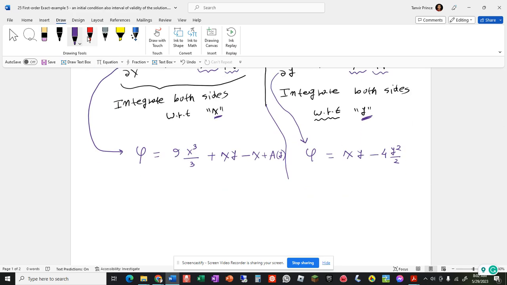So let's simplify. I forgot, plus any function of x, which can be a constant there. So let's write that down and simplify here.